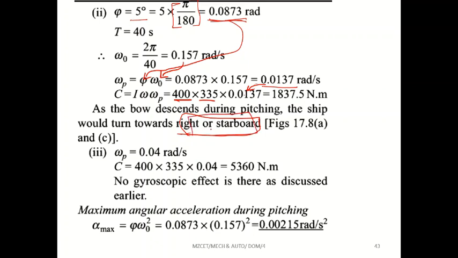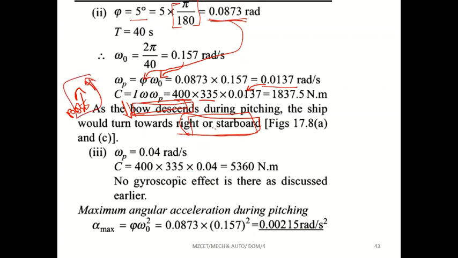That is, when the bow descends, the ship will turn towards the starboard side. When the bow rises, the ship will turn towards the port side.